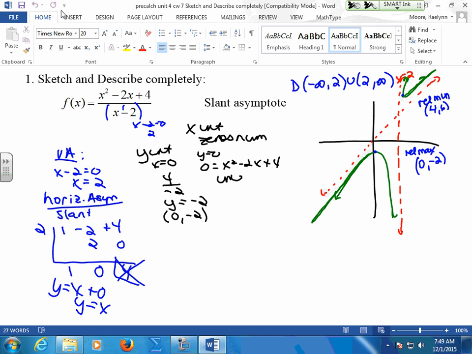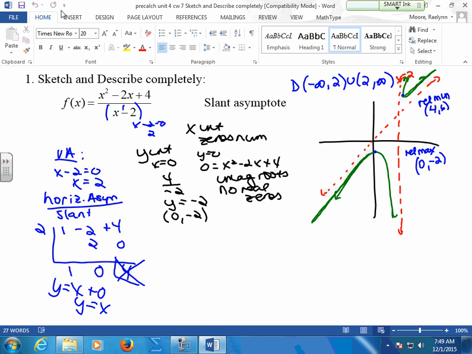So we're just going to say imaginary roots, no real roots, no real zeros. That's all I want you to say. We can just say no x-intercept. When we do an intercept like that, we can easily say that, unlike when you're doing synthetic division to find it.